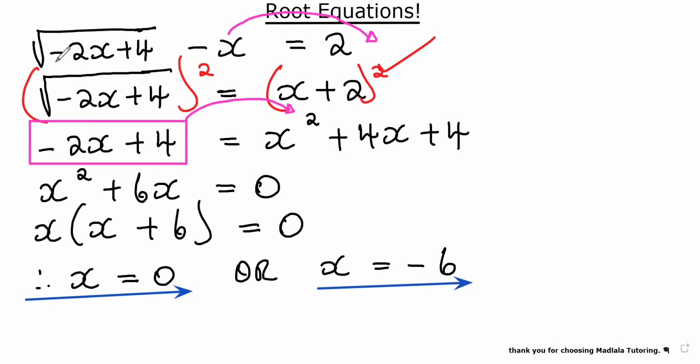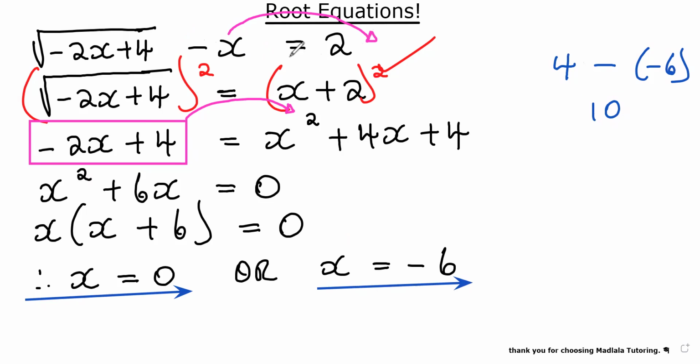Well, -2 times -6, that's positive 12. And 12 plus 4 is 16. The square root of 16 is simply going to be 4. Then you say 4 minus, you substitute an x value of 2 there. In fact, -6, I mean, sorry. So you simply get a positive 10.